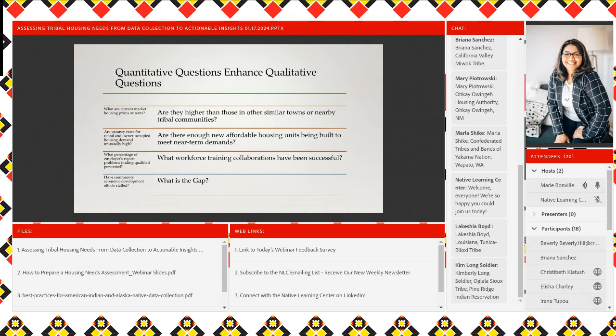What workforce training collaborations have been successful? Could be in the eye of the beholder, right? So learning more about the percentage of employers seeking qualified staff, just knowing that they're having a hard time with qualified staff might prompt new questions regarding training collaborations. And then, of course, community economic development.